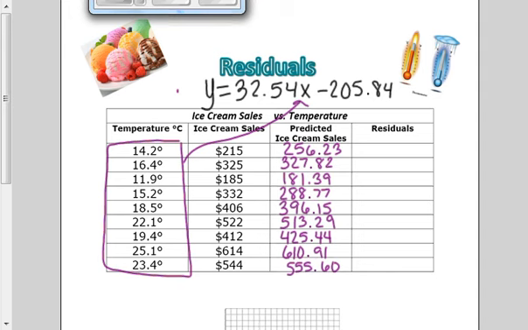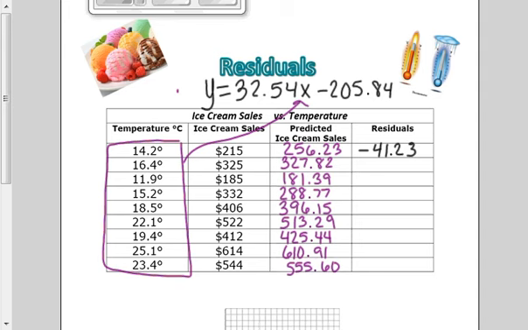Then what we do is we take our ice cream sales and subtract our predicted ice cream sales from them. So we're going to do 215 minus 256.23, and we get negative 41.23. You're going to have some negative residuals and some positive.